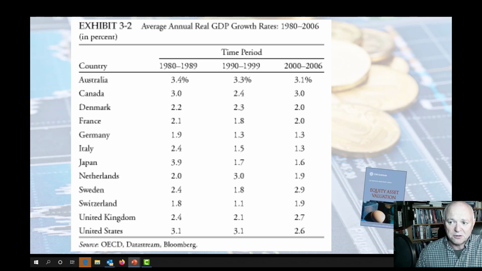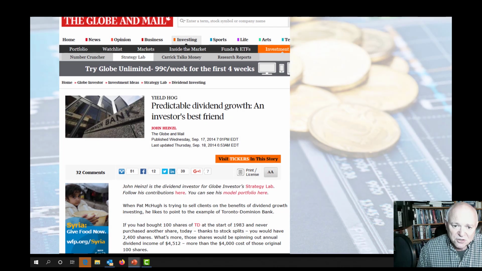One of the things that I mentioned earlier was that we have investors who are very interested in dividends. A particular group of investors see the dividend as one of the best predictors of overall corporate value.